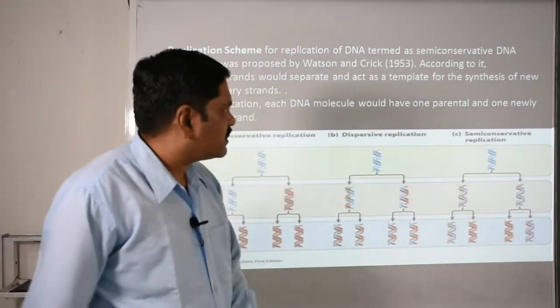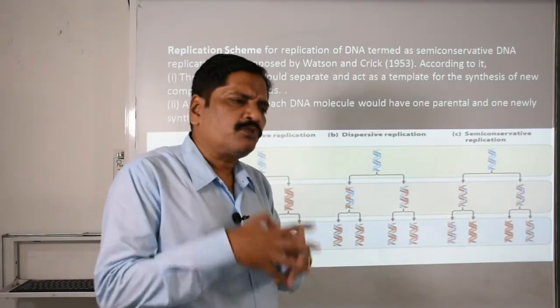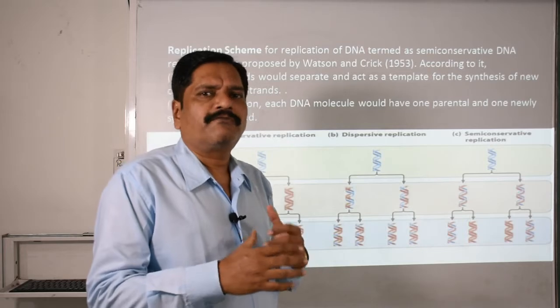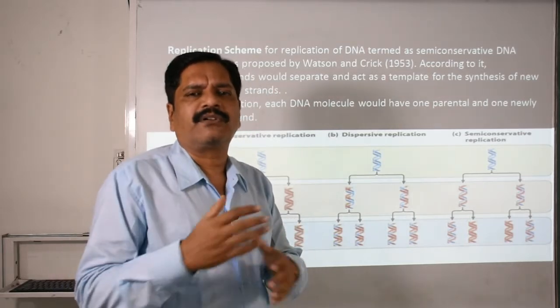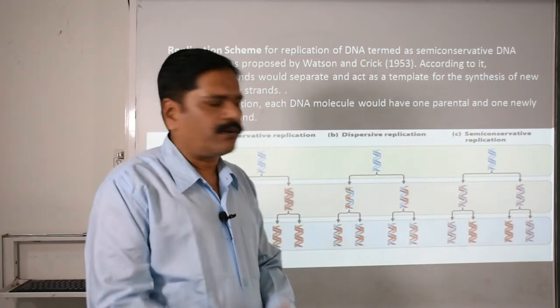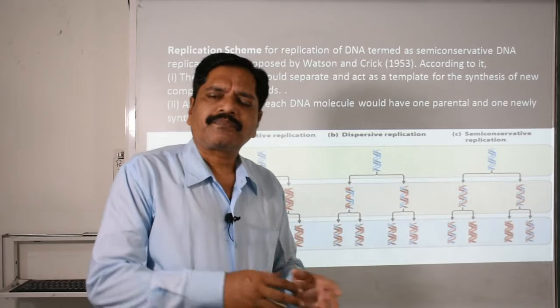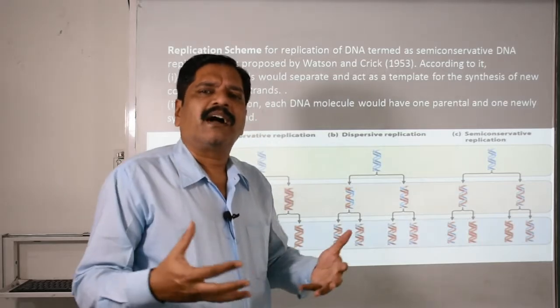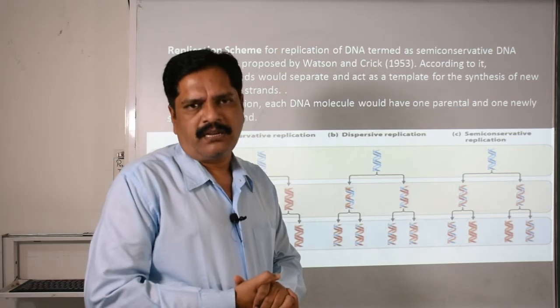Now, here we are considering dispersive replication. Dispersive means there is no specific place or attachment area or splitting of this DNA molecule. Any part of this parental DNA can be attached or randomly arranged into the daughter DNA.